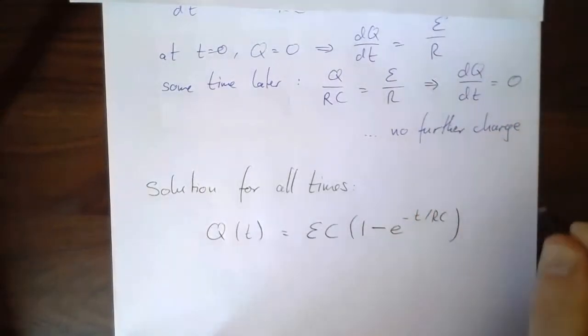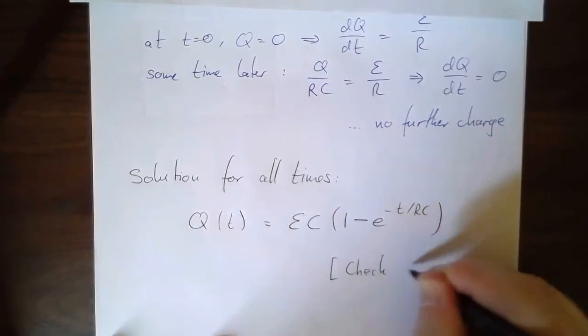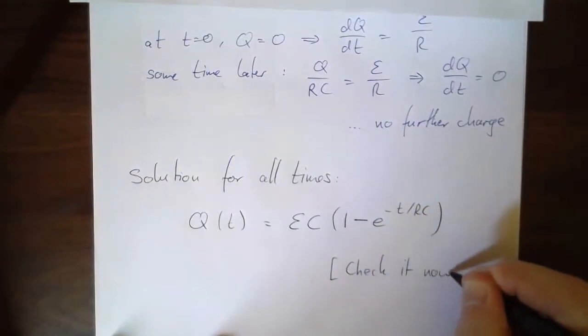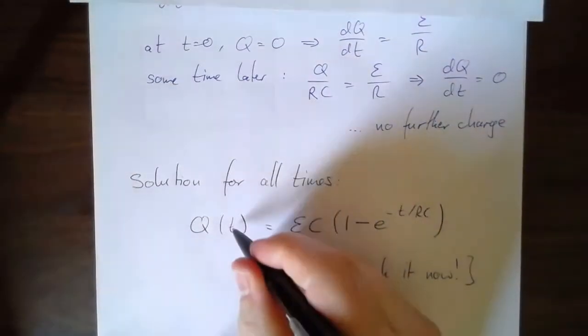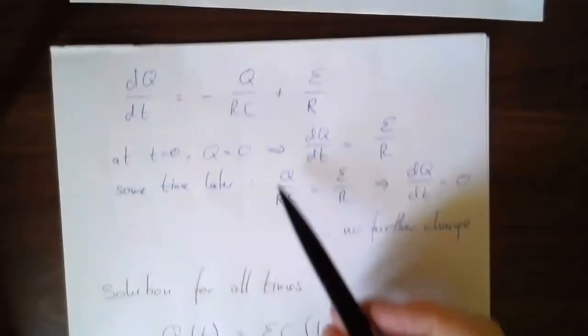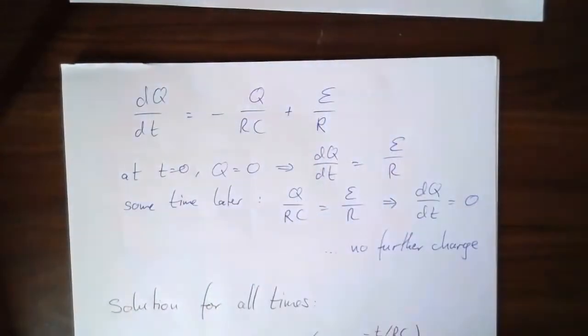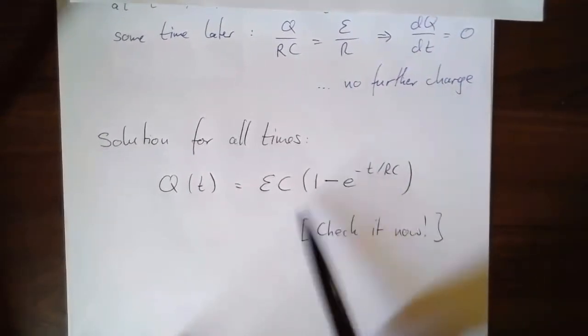And again, you can check that that is true. Check it now. You want to check that this makes sense to you, so you understand what we're doing. We found a function that makes this equation true no matter what time it is. Actually work it out.